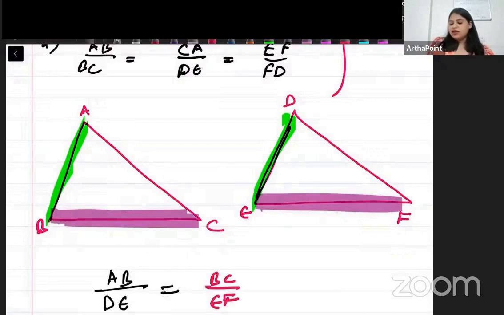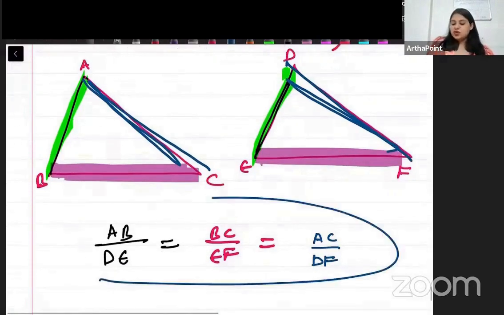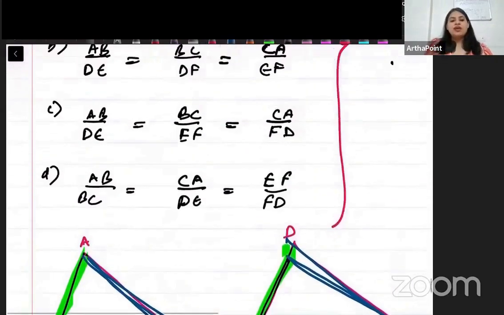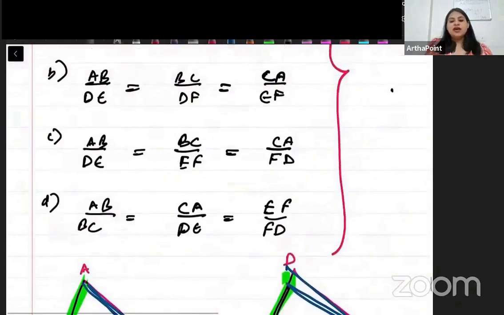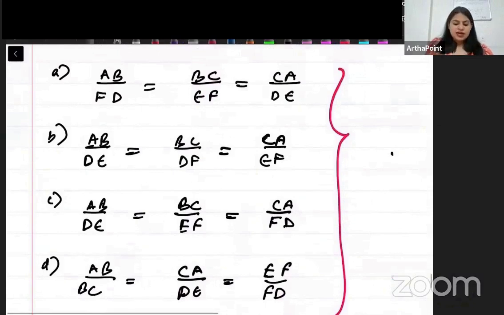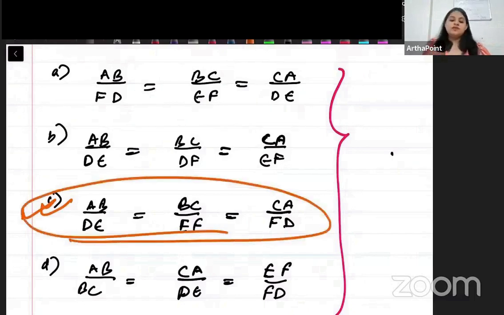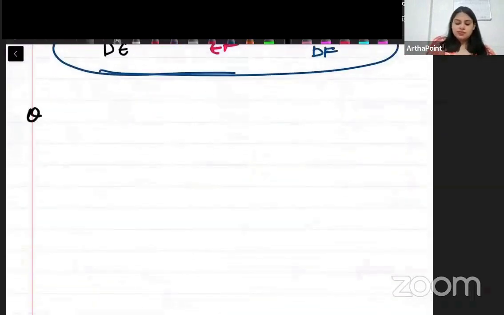BC by EF should be equal to AC by DF. So this is what should hold true. So AB by DE equal to BC by EF is equal to AC by DF. But this thing is satisfied in answer C. So answer to this question is C. We just did the properties of similar triangles now. Okay, now let me give you the next question.